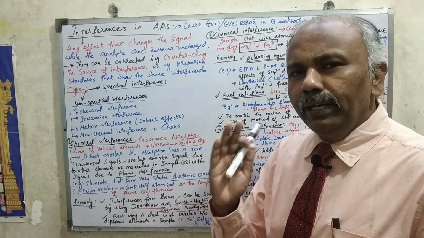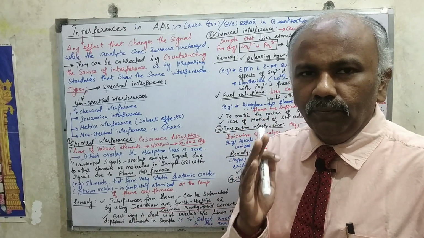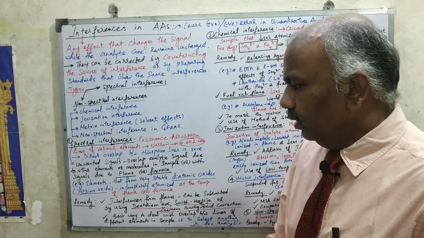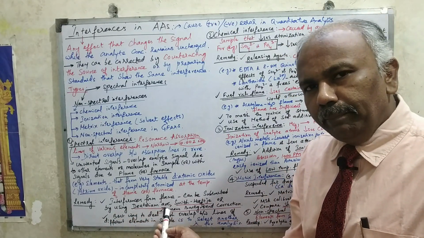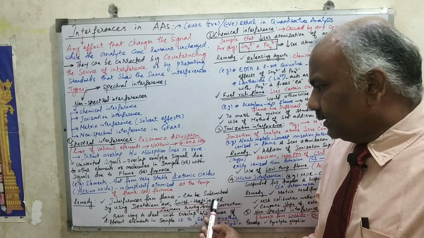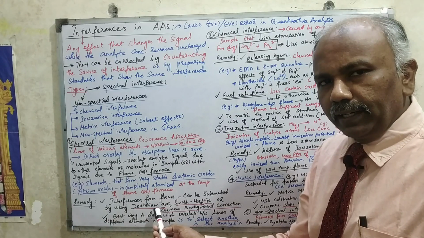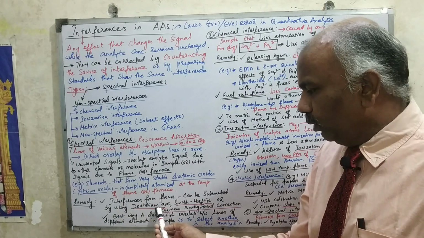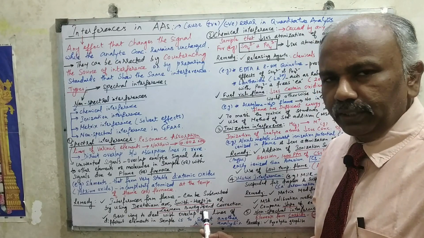So what is the remedy to avoid spectral interference? The first important remedy is that interferences from the flame can be subtracted by using background absorption correction methods such as the deuterium arc method, the Smith-Hieftje method and Zeeman background correction.